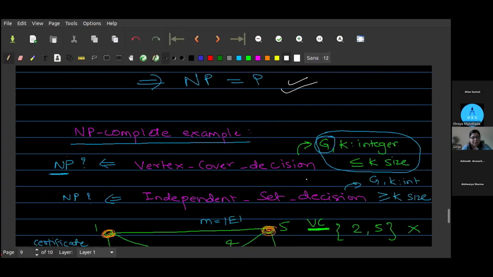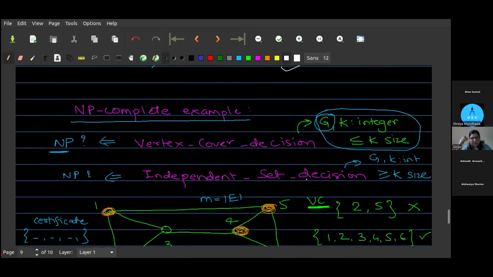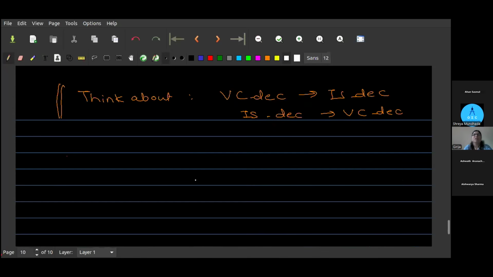Now there comes another question: can we show that, for example, vertex cover decision will never admit a polynomial time algorithm? How do we show that a particular problem will not have a polynomial time algorithm? That's a different aspect of this, right?